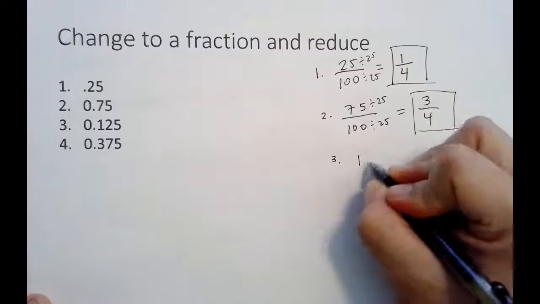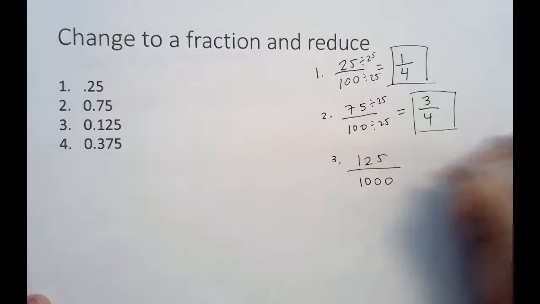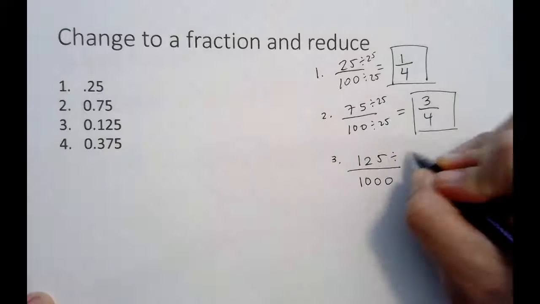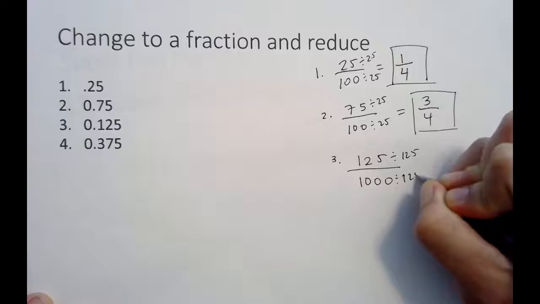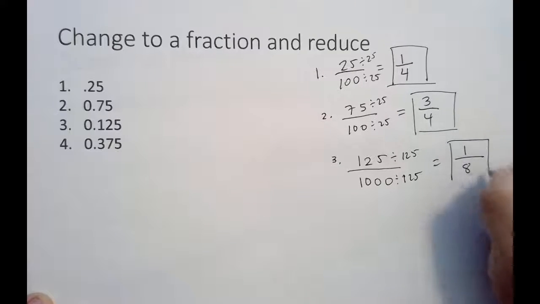And then here, 125 over 1,000. Let's see if we can simplify this. If I divide top and bottom by 125, this becomes a 1 up here, and then down here is 8, 1/8.